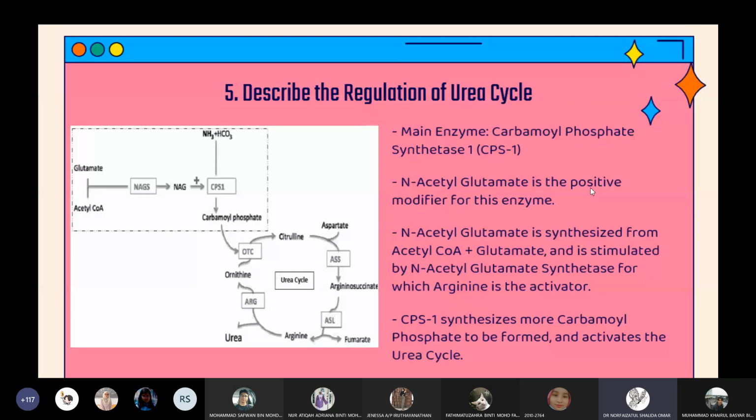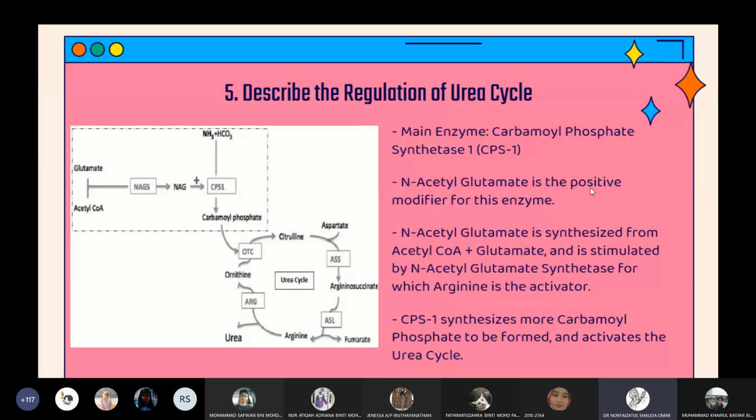Bicarbonate is also used in the urea cycle, which is why the urea cycle is inhibited, because all the bicarbonate is being used to balance the hydrogen. So that's another condition that regulates the urea cycle.